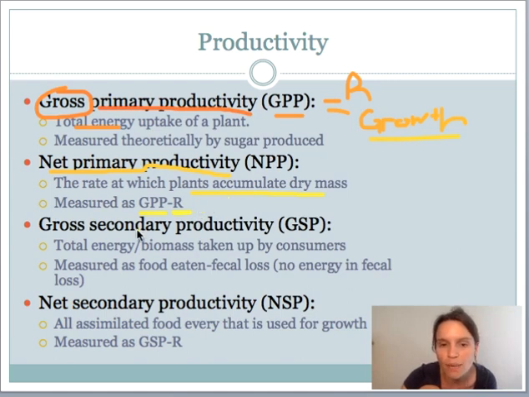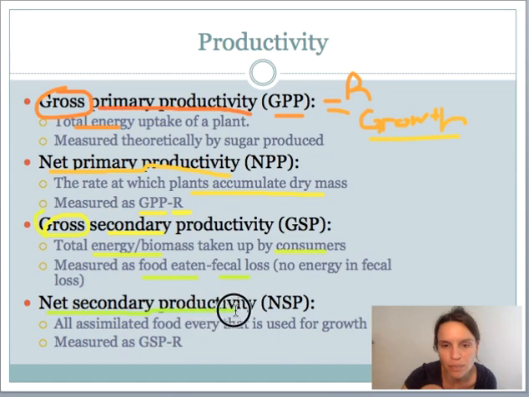Once we get into talking about consumers, we are talking about secondary productivity. And gross secondary productivity is the total energy taken up by a consumer. And it's just measured as food eaten minus fecal loss because there's no energy in fecal matter.